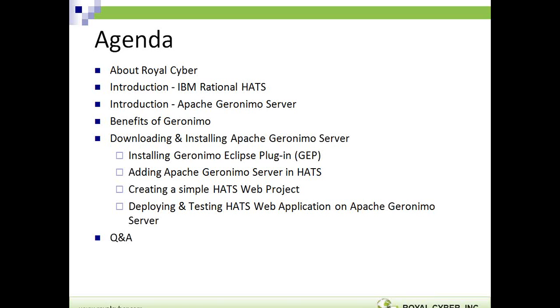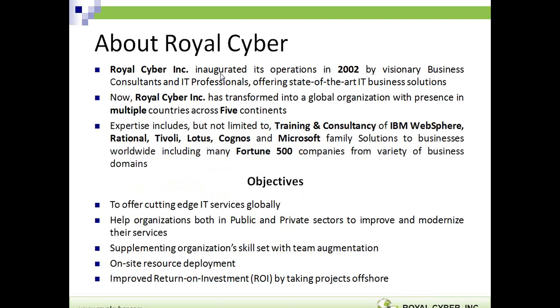So let us start with a brief introduction about us, Royal Cyber. Royal Cyber is a modernized e-business solution provider. We are premier IBM business partners. We are IBM authorized trainers.